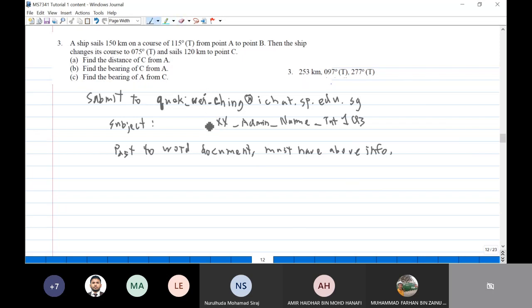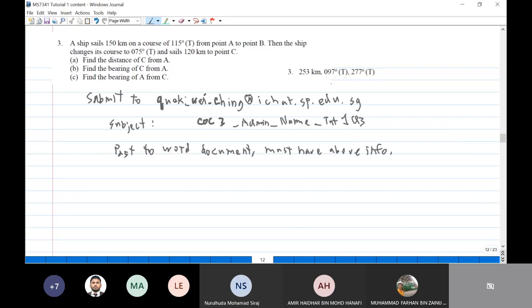Okay, CoC3, followed by your admin number and name. Okay, and then tutorial 1, question 3, right? And you can put them in your Word document.